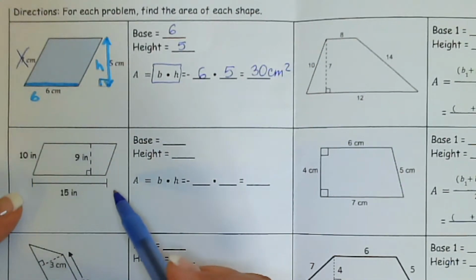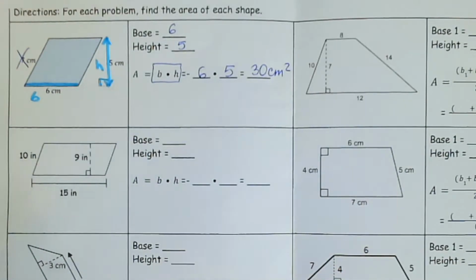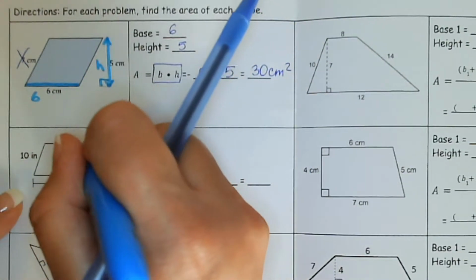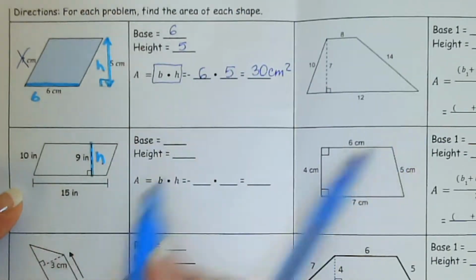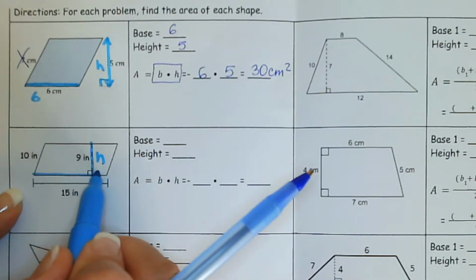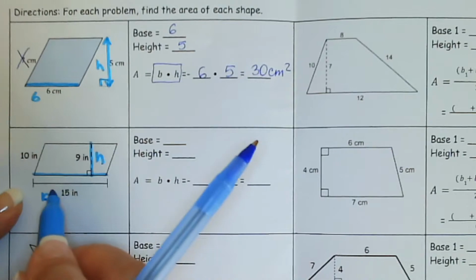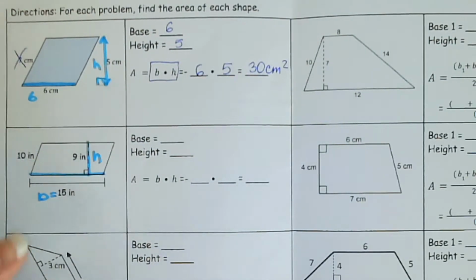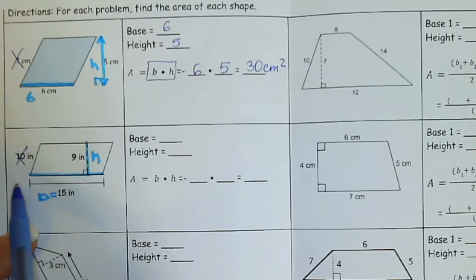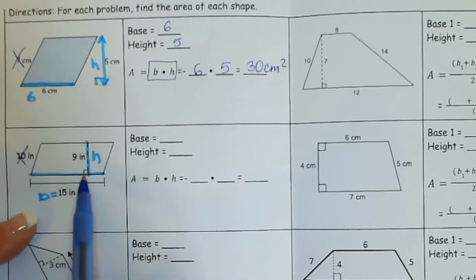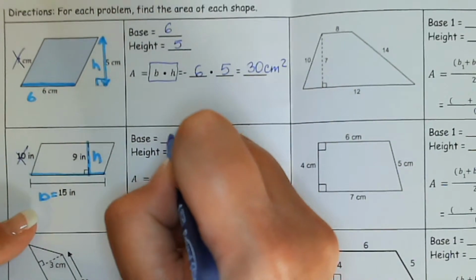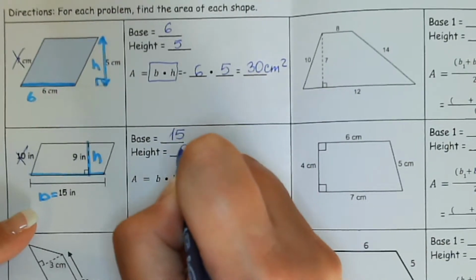So in the parallelogram, again, the height is perpendicular to the base, so the height and the base will be right here. And the 10 is not needed for this problem. The base and height are perpendicular to each other. So base will be 15, height will be 9.